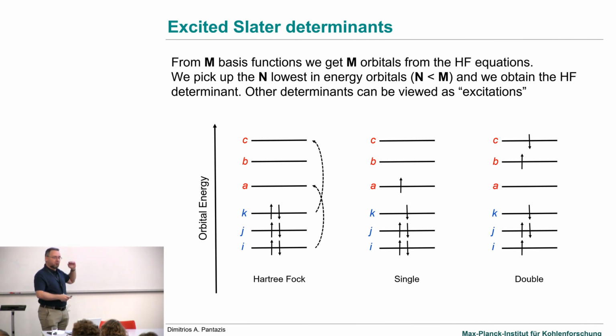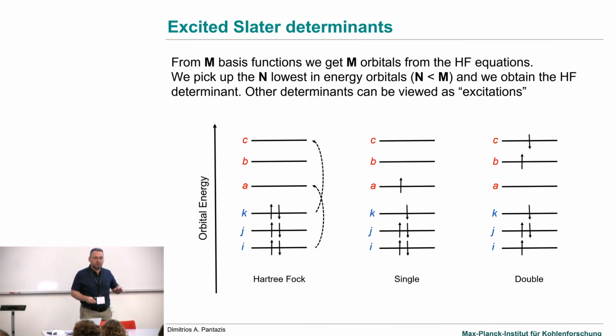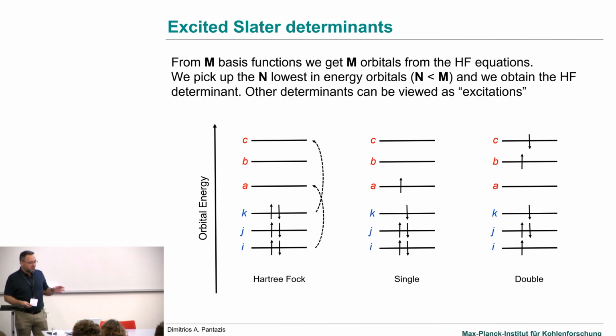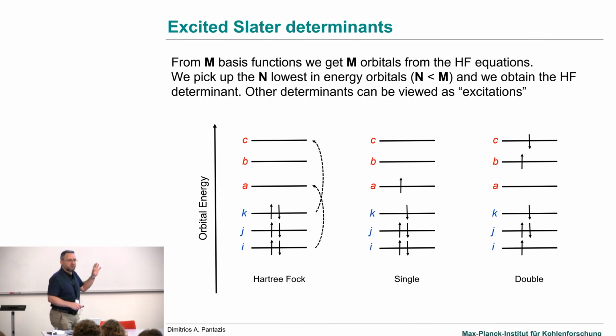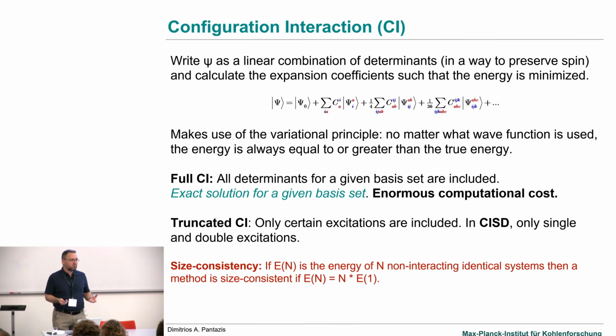Right? But there are leftover orbitals. So one way of thinking about improving the wave function is to include these excited determinants. So we put the electrons in the unoccupied orbitals one by one, or two by two, or whatever. And we make a linear combination of everything. And this essentially improves things. We have many more parameters now. So that's one way of making the wave function more flexible.